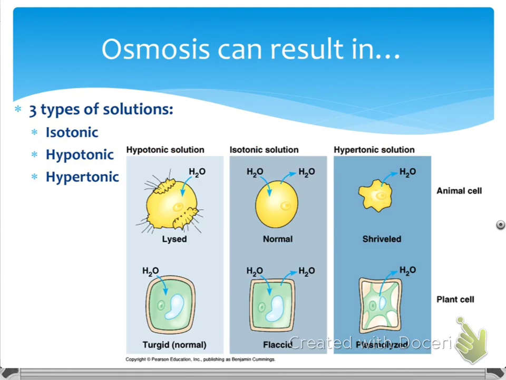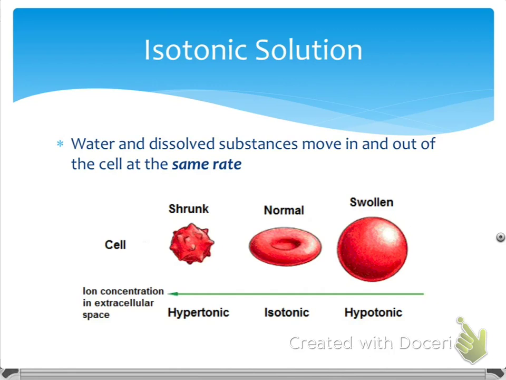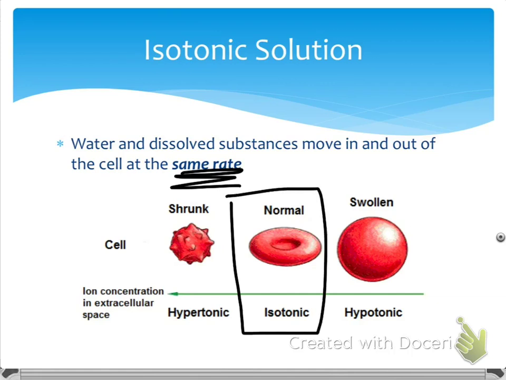Osmosis can also result in three types of solutions. Remember, we are just talking about the movement of water in these types of solutions. So you have iso, hypo, hyper. And we'll talk about each one of those in a minute. So isotonic is when they're moving in and out at the same rate. So it's going to be this normal looking cell here. And this is an animal cell, or actually a red blood cell.